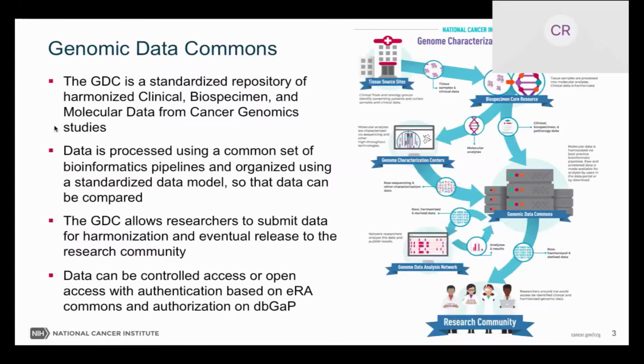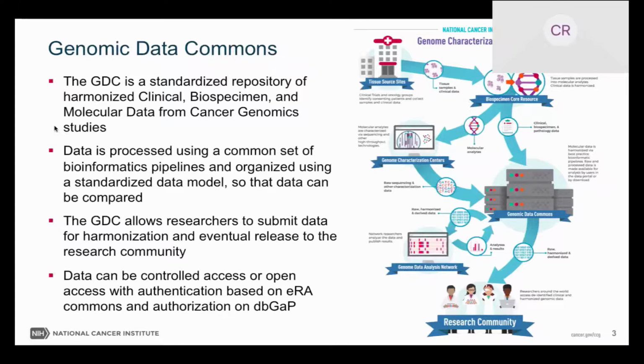Okay, so what is the GDC? I like to describe the GDC as a repository of harmonized clinical, biospecimen, and molecular data from cancer genomic studies. Really critically, the data is processed using a common set of bioinformatics pipelines and organized using a standard data model.